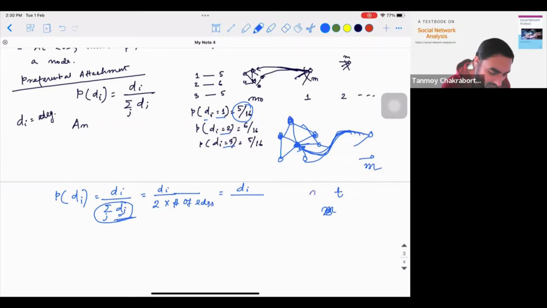So the total number of nodes at time t is M0 plus t, because at every time step only one node is getting added. And how many edges are there? M into t, because t nodes have been added and each node has m edges. We are ignoring initial edges, as I already mentioned. So 2 into the number of edges means 2mt.